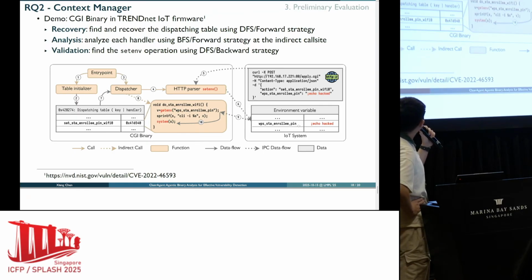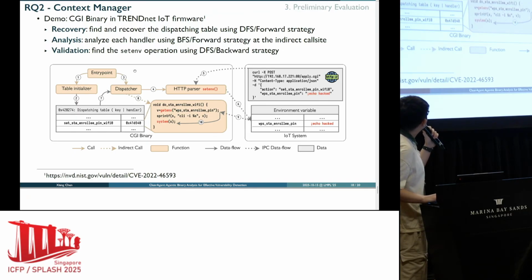We reproduced a historical CVE in IoT firmware, including three phases. The first is to recover the handler dispatcher logic, and then analyze the command injection bug in the handler using the binary language server.